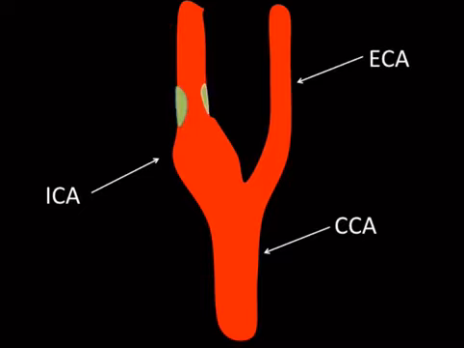Now, if you have an area of stenosis, just like anywhere else in the body, you're going to get a jet as the blood moves through that particular region. The velocity at that area is going to be increased. So measured here might be similar to here, but then when you measure it here, it's going to be increased.